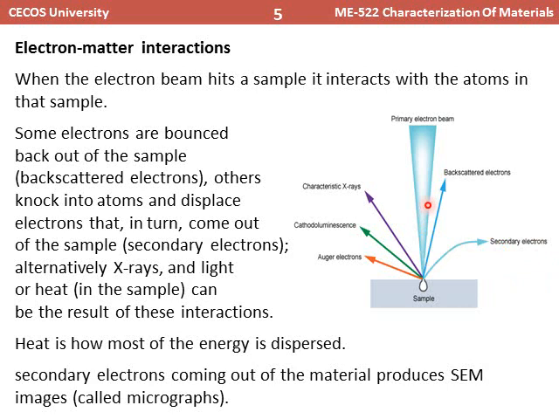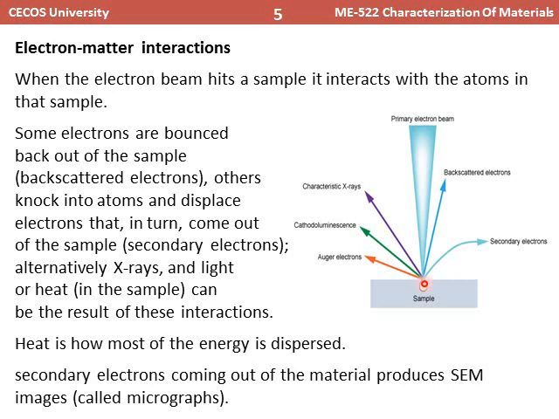The other thing that is happening here: if there is a bombardment of electrons over the surface of the atoms, then there will be a transformation of energy in the form of heat energy. If two bodies collide, then the chances are that by this collision heat energy will be produced. Also by this collision, as I mentioned, the outermost shell electrons of the atoms of the sample are knocked out.